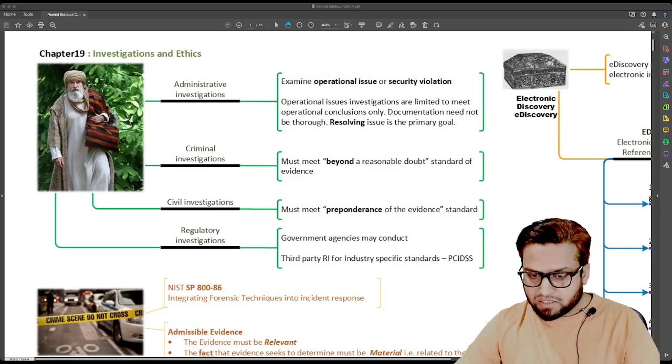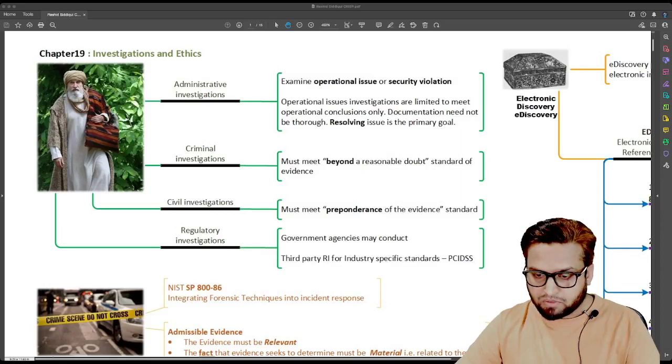Now criminal investigation is where some law has been broken in society. The people who will start the criminal investigation are the law enforcement agencies, basically the police. The standard of evidence for a criminal investigation must meet beyond a reasonable doubt.